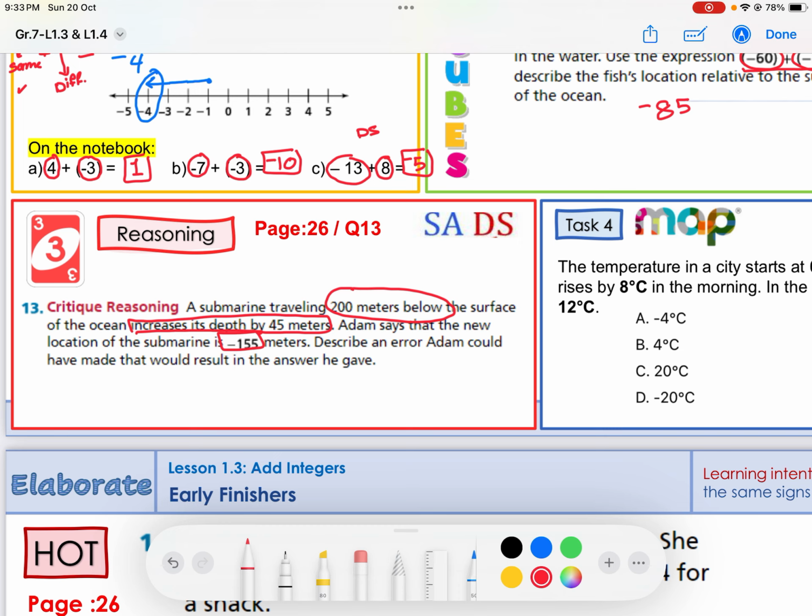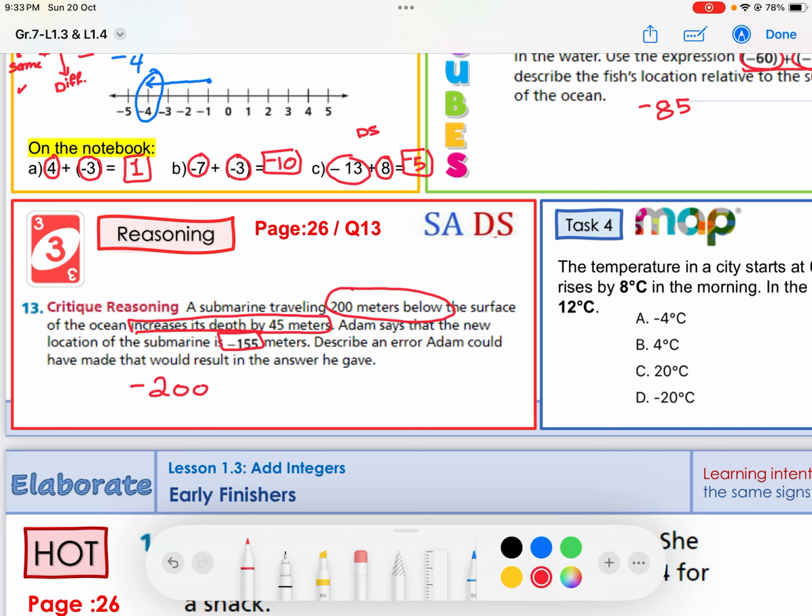So let's translate. First thing you should do is circle the numbers with the keywords that indicate the sign of the integer. Here we have 200 below. That means I have negative 200. Then it's telling us it increases its depth.